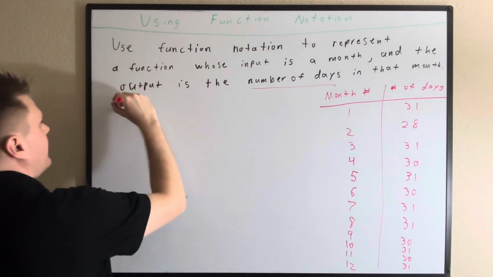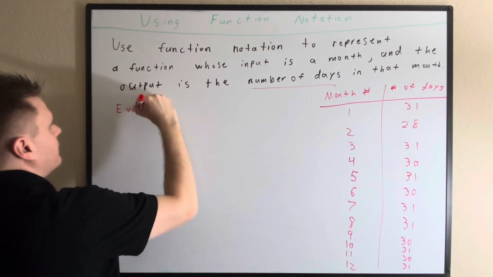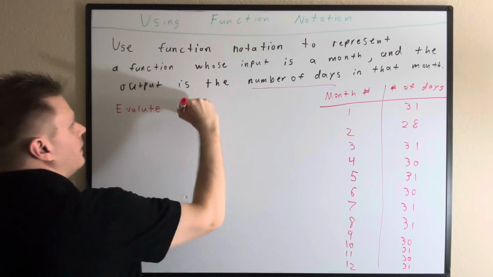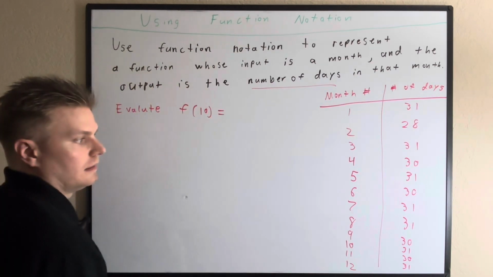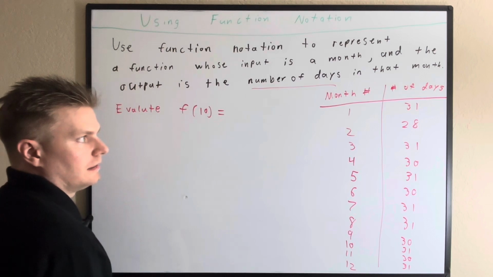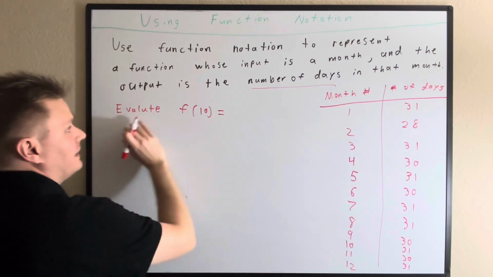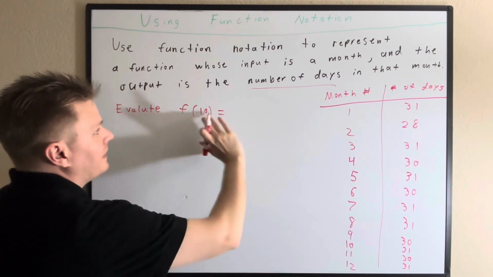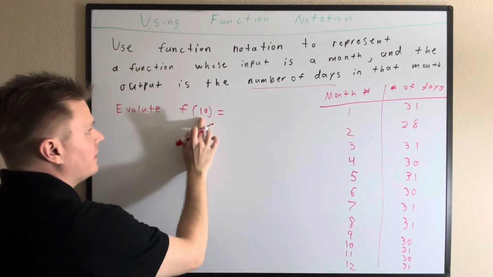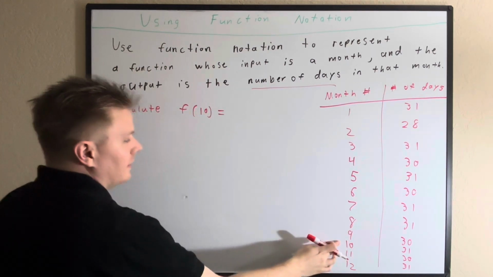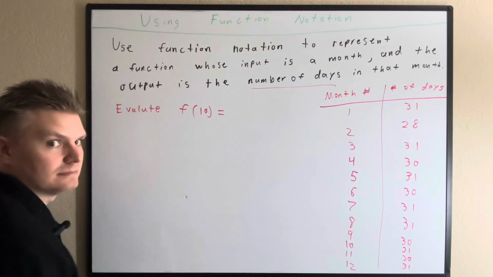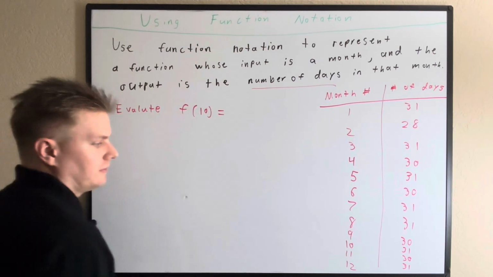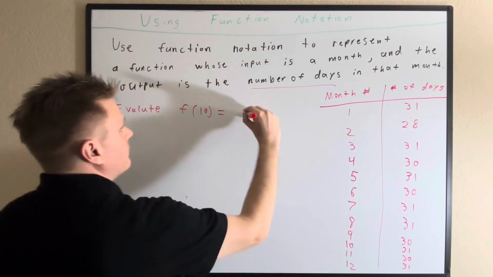So all we want to say is evaluate F of 10. Instead of writing out the whole sentence, evaluate how many days are in the month of October. Instead of saying all those words, we're just saying F of 10. Give us what F of 10 is. F of 10, 31. Easy.